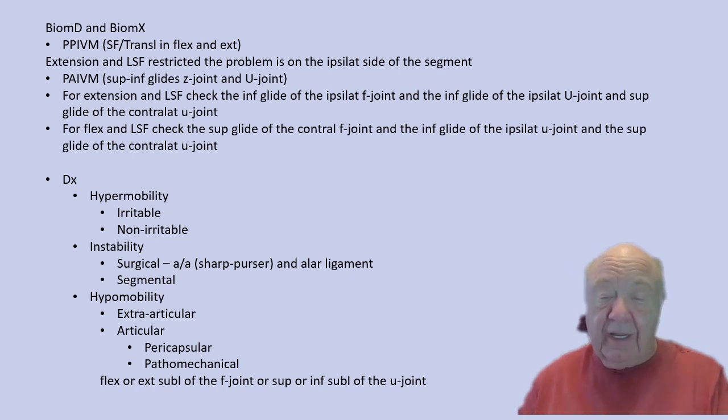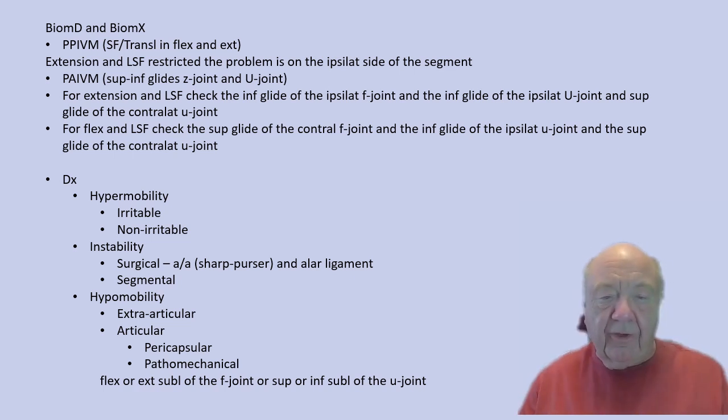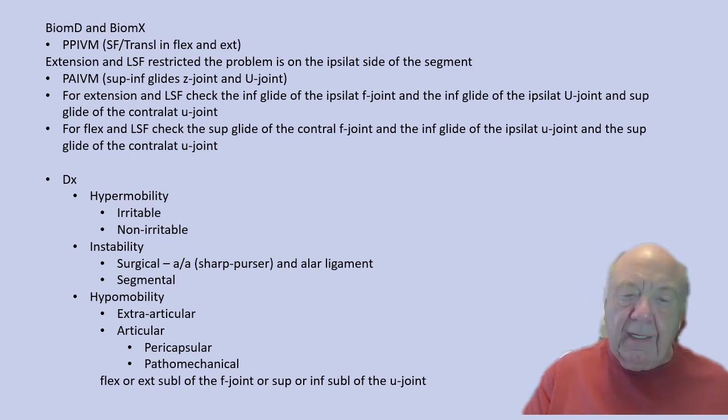If the long ligaments are torn, these are more not so much biomechanical instabilities, but surgical, for want of a better term. Or we can have hypermobility, extra-articular or articular. Articular being pericapsular and pathomechanical or subluxation.